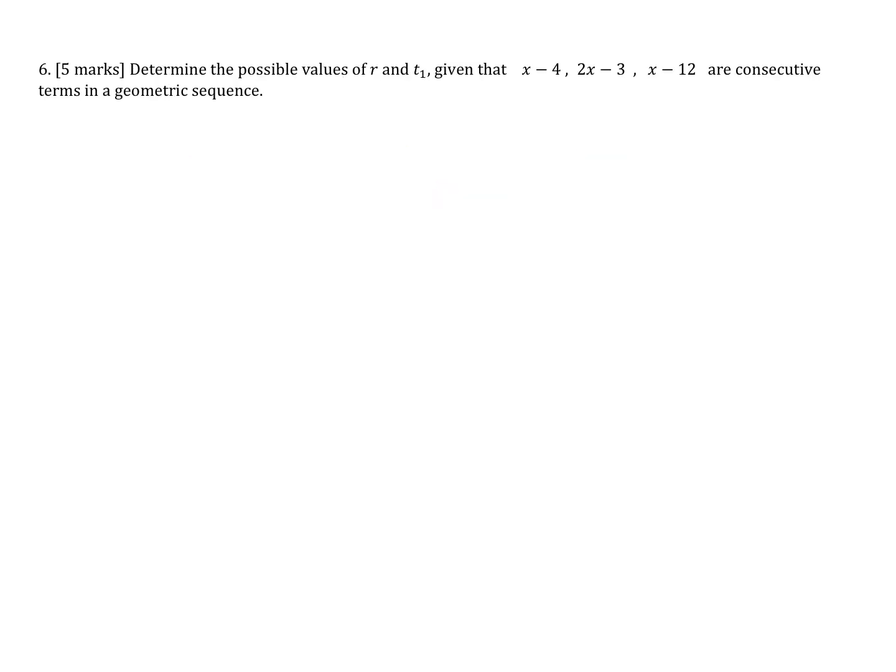Okay, this next one was done quite badly on the first diagnostic you had, so hopefully you've gone better this time. We've got to determine the possible values. Notice values, there might be more than one, of R and term 1, given that we've got our sequence, which goes like this: x minus 4, 2x minus 3, and x minus 12, and these are geometric.